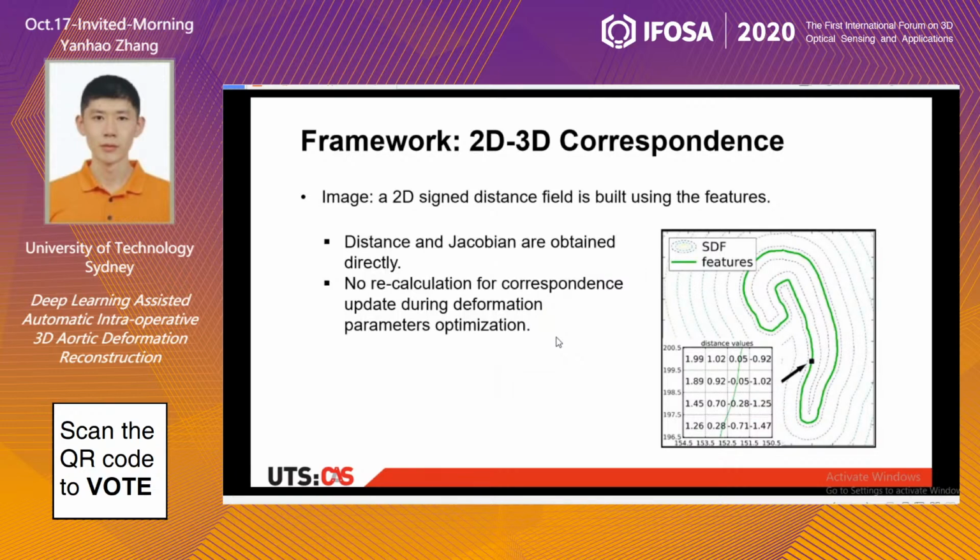The good thing about the signed distance field is that after building it, the distance and the Jacobian can be directly read from the field, so there is no need to recalculate the correspondence during the deformation parameter optimization. Building the signed distance field can also be done in a not very expensive way, for example by using a CUDA implementation.